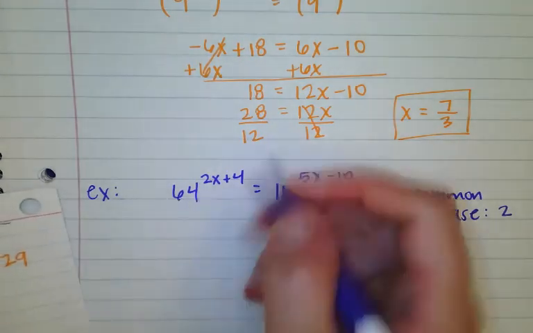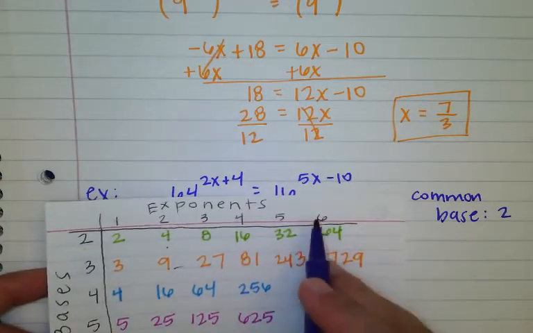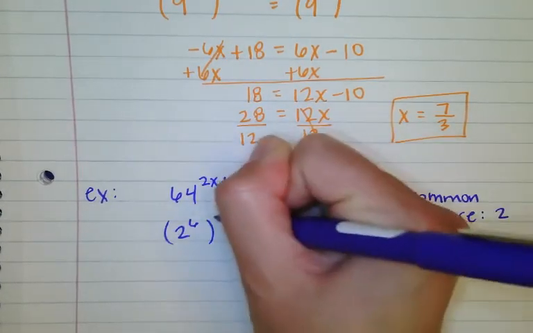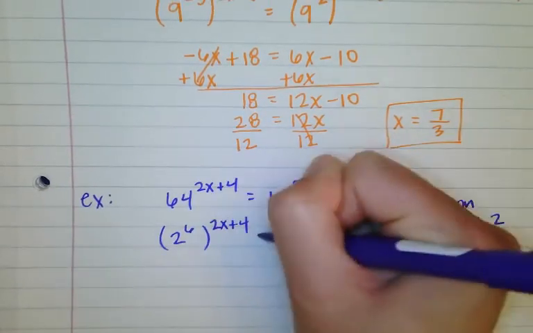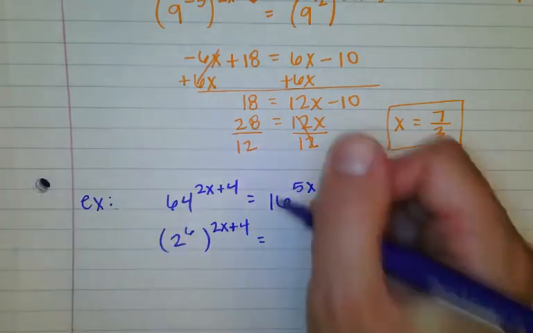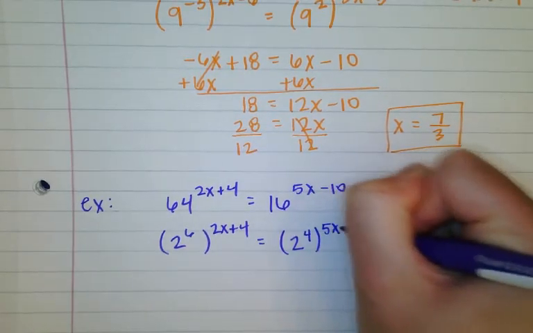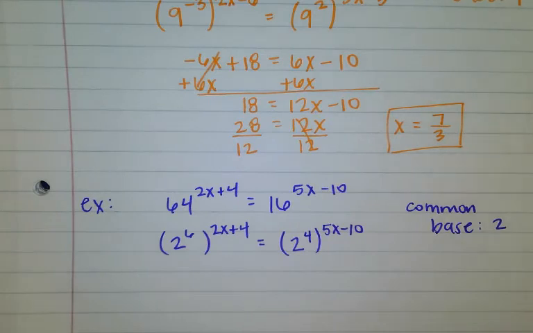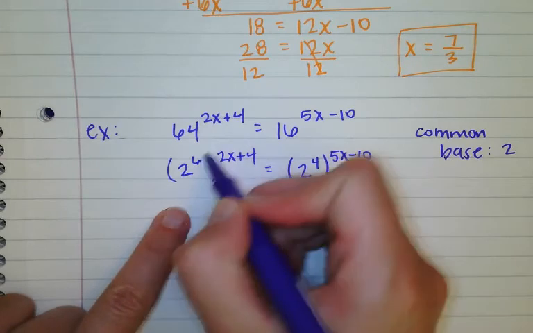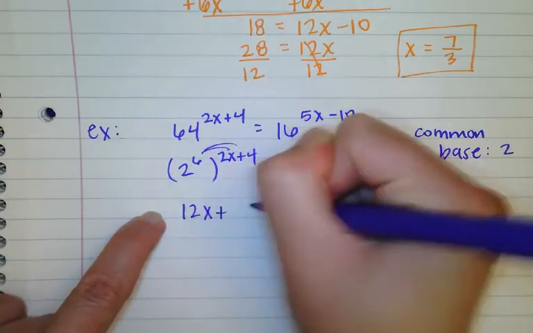Okay, so the 64, I would need to take 2 and raise it to the 6th power to make 64. The 16 is from 2 to the 4th, so I'm going to rewrite that as 2 to the 4th. And then let's solve the equation in the exponents. So the 6 will distribute, making 12x plus 24.